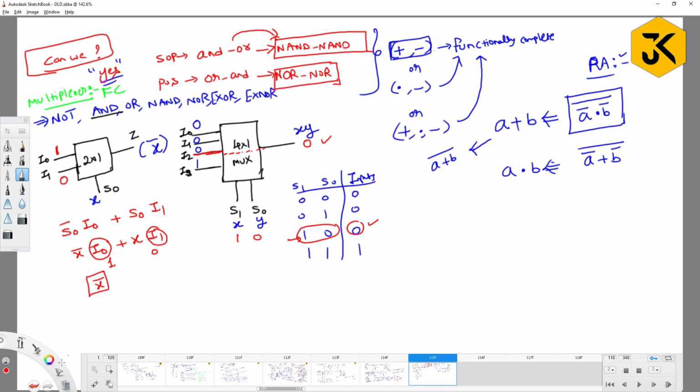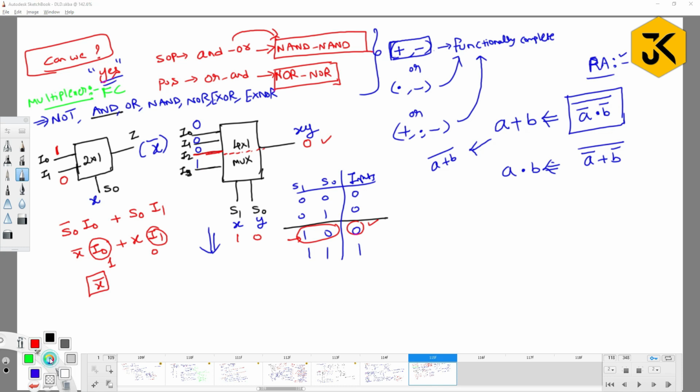So here you may get a question: can we implement the same thing with the help of a 2 by 1 MUX? When you saw the concept of variable entered map, I explained how to minimize the K map. If you observe here, if I try to combine these two.